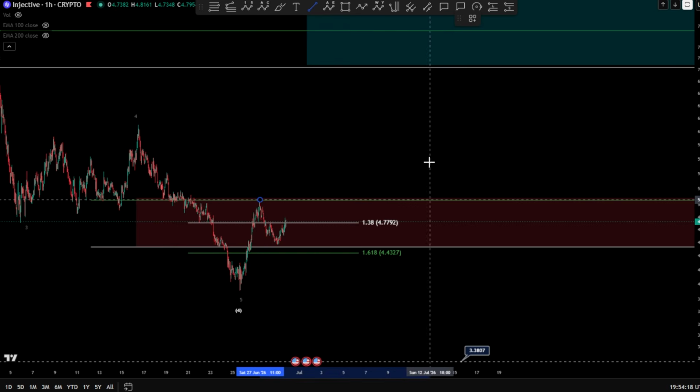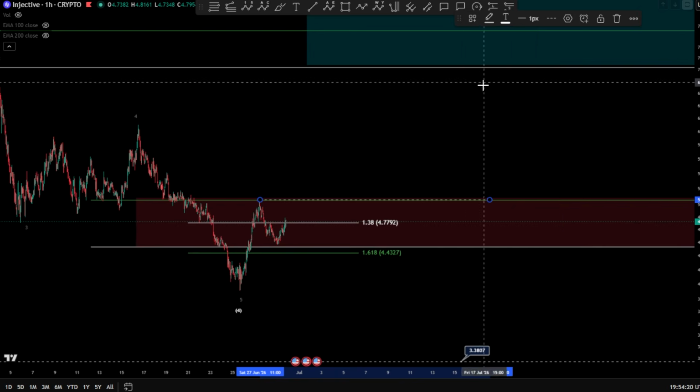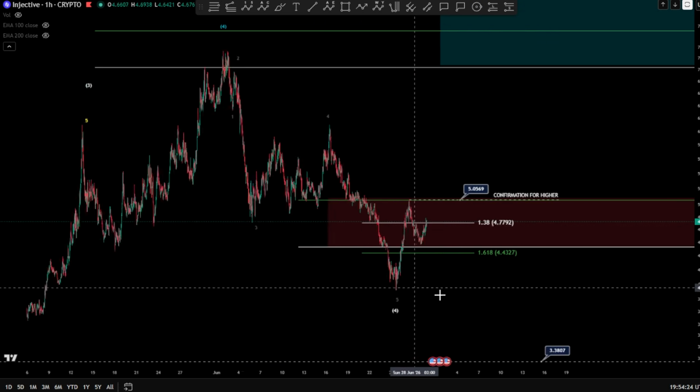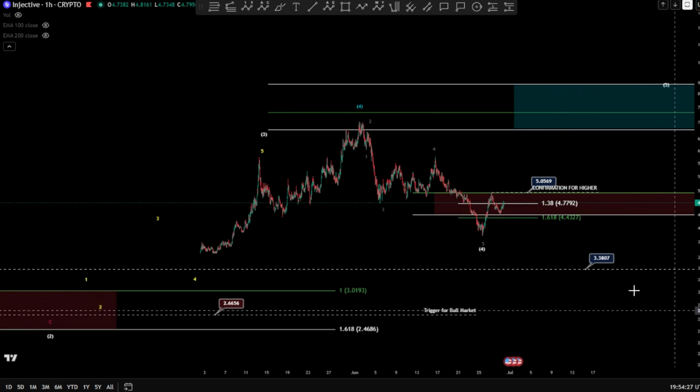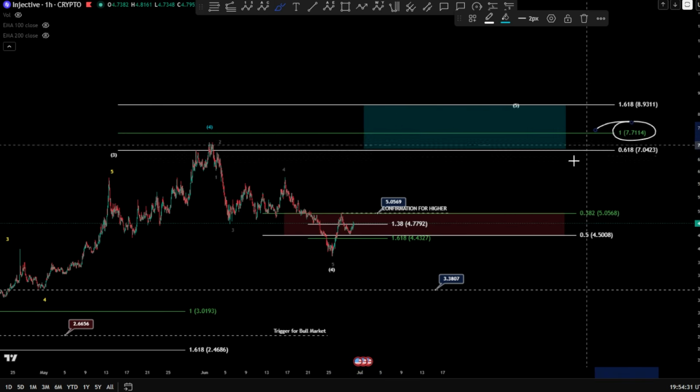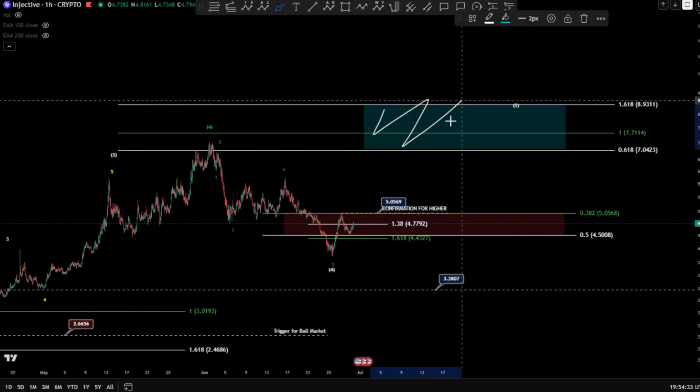I still need to see, of course, this high as confirmation for higher prices, which is exactly this number there, $5. If this happens, then definitely our wave 5 is unfolding towards, of course, the $7.7 for this blue box.